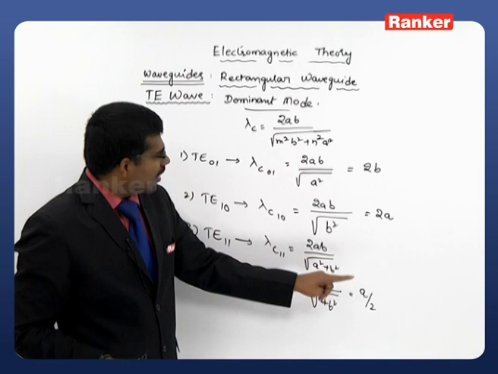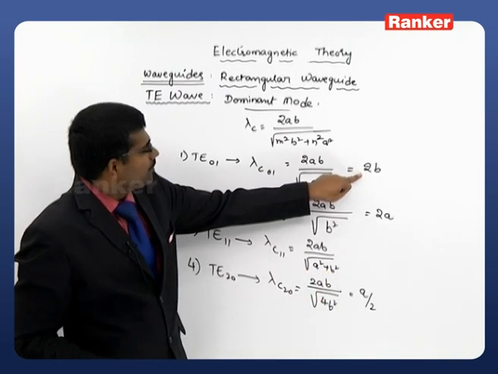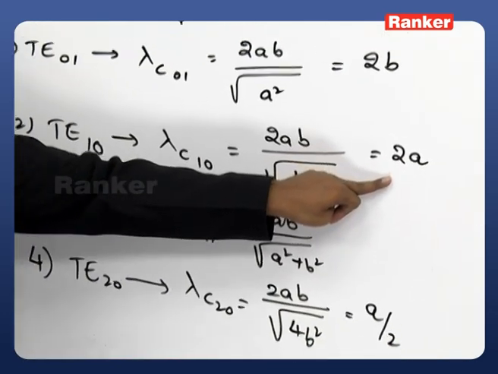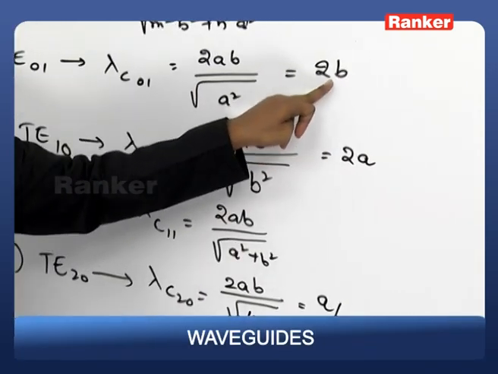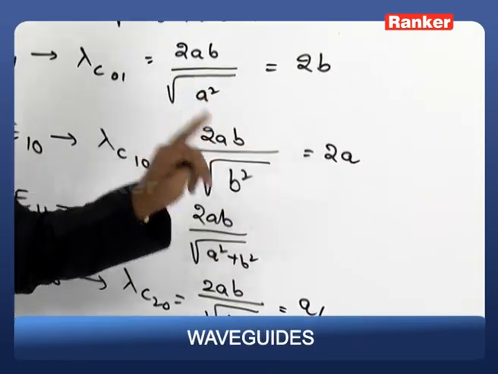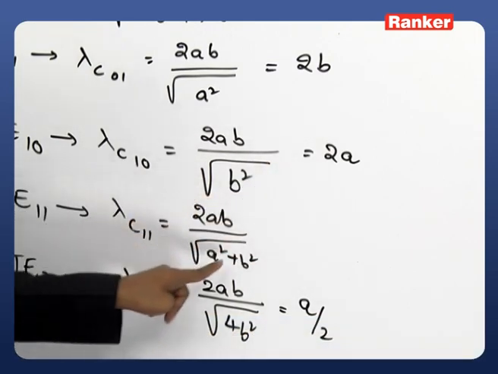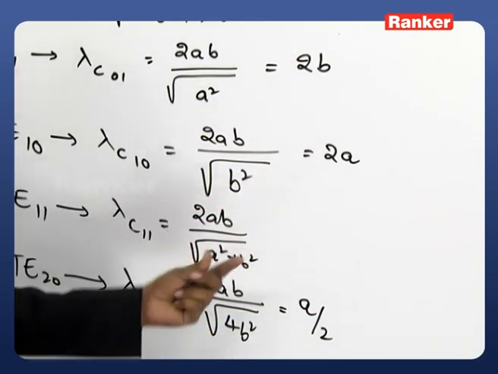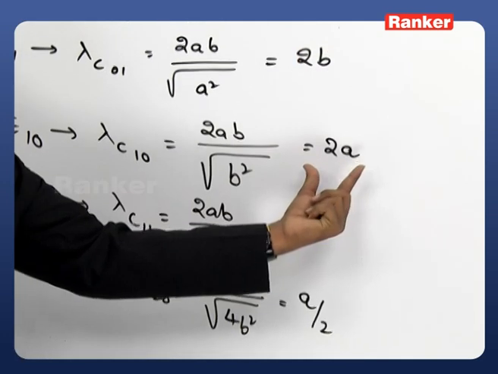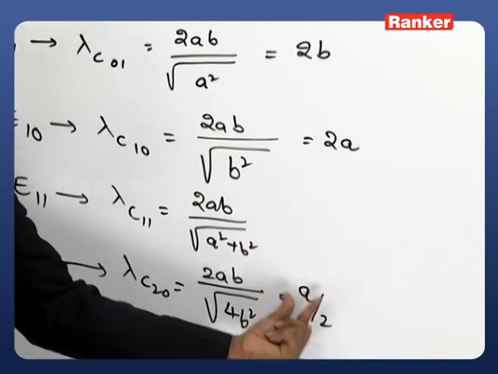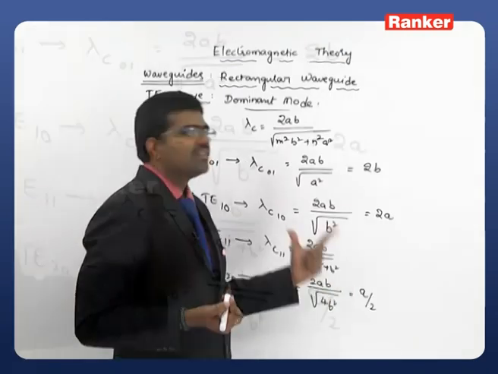If you are examining all these values, 2b is less than 2a, as a is the broader dimension and b is the narrower dimension. Always this 2b is less than 2a, and this value is very much less than these two. As the denominator is very large, definitely this is less than 2b and 2a, and a by 2 is less than 2b, 2a and this one.